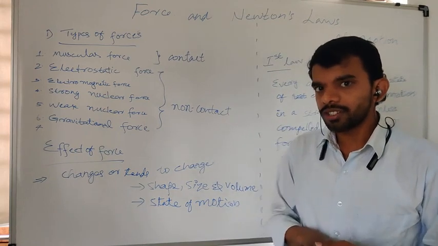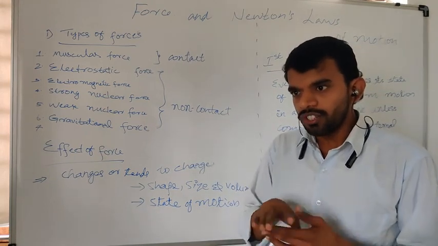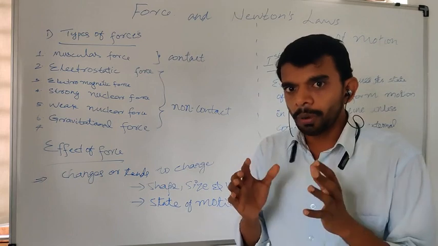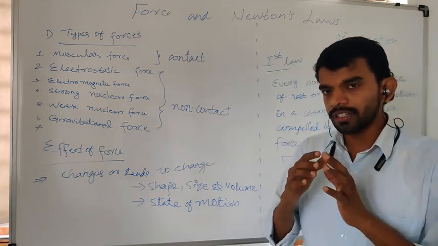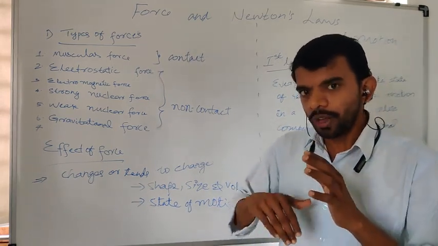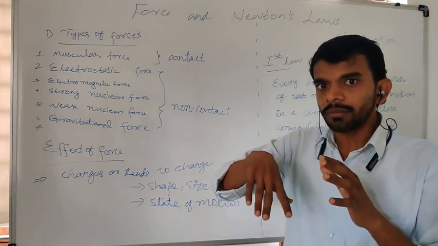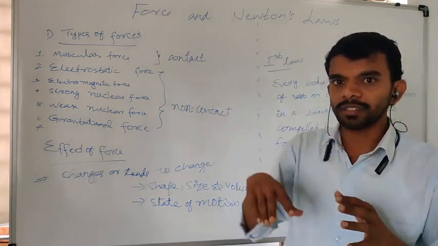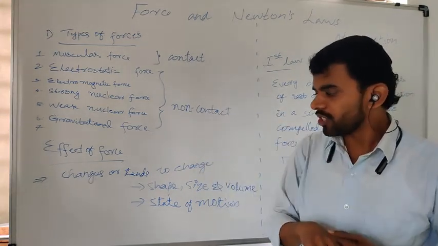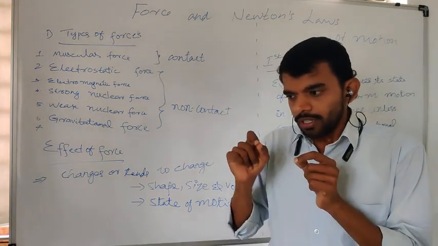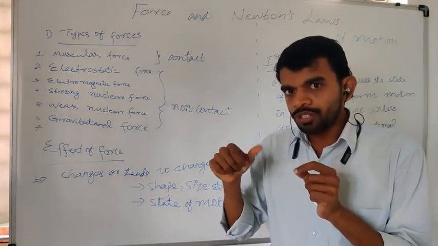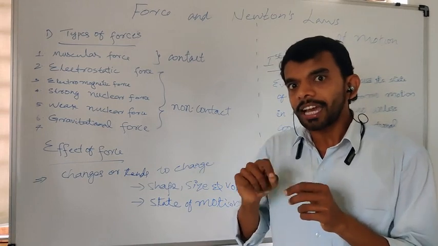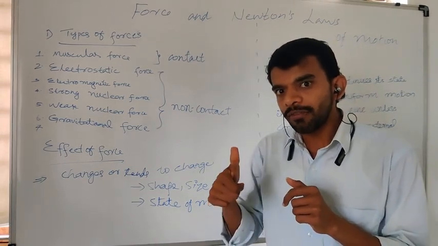Also, we can change the direction of the ball by applying force. Consider the ball in motion: we apply some force so that the ball gets deviated, or its direction gets changed. So the state of motion or state of rest can be changed by applying force.